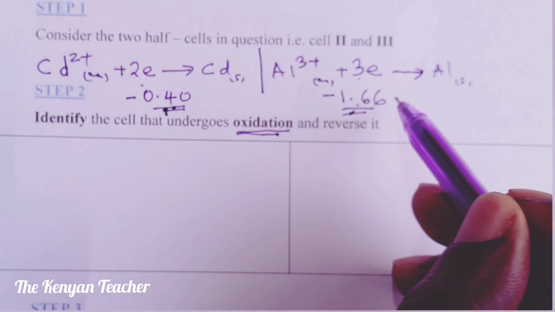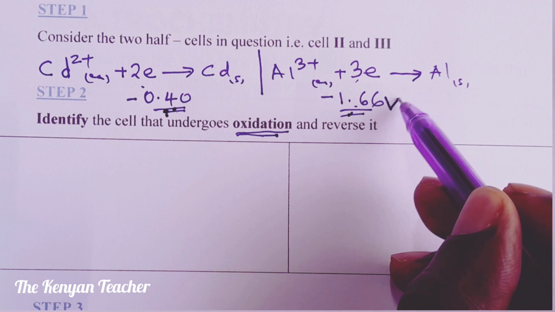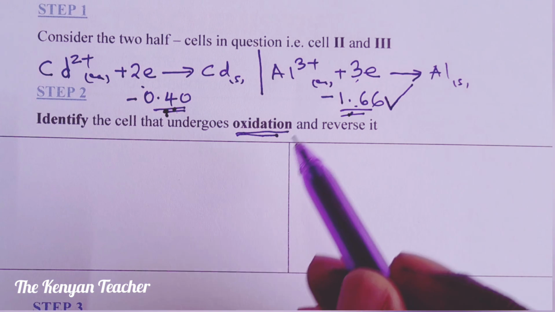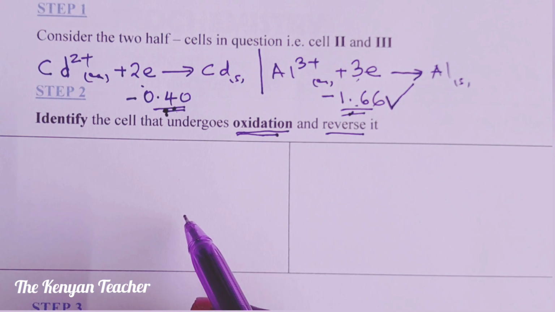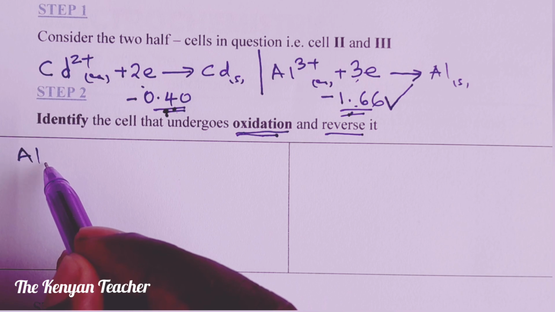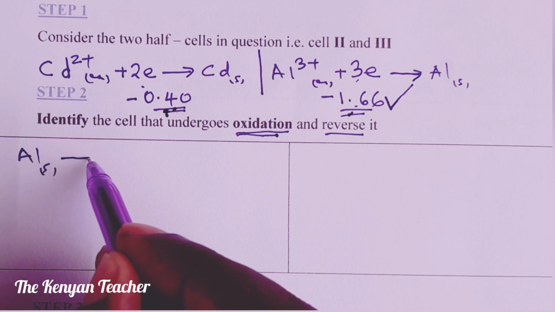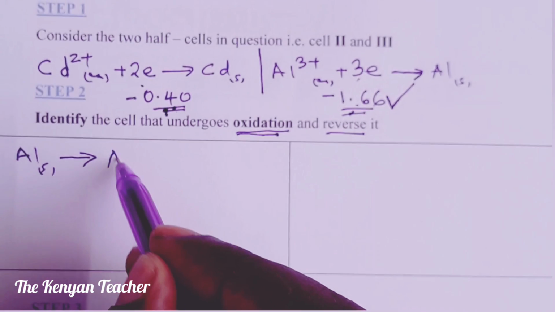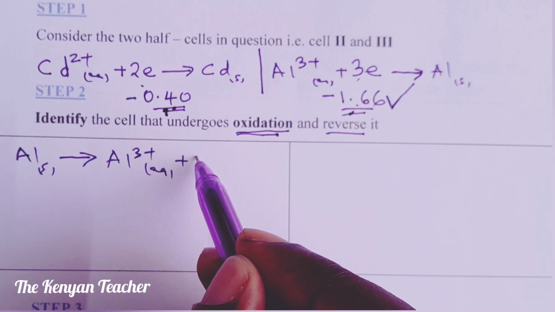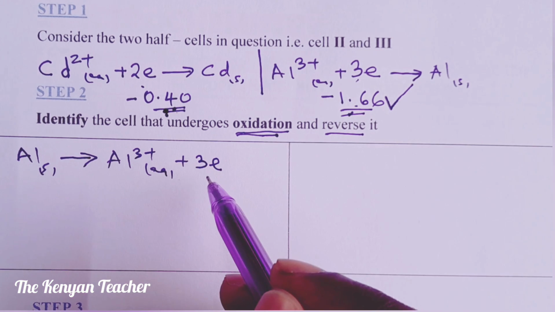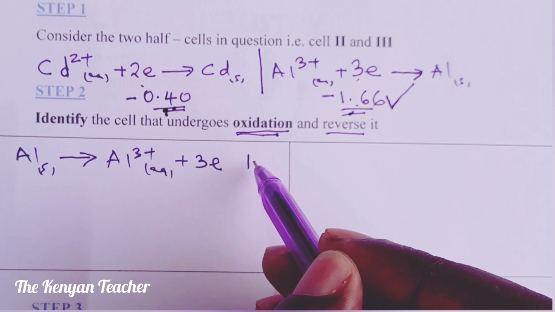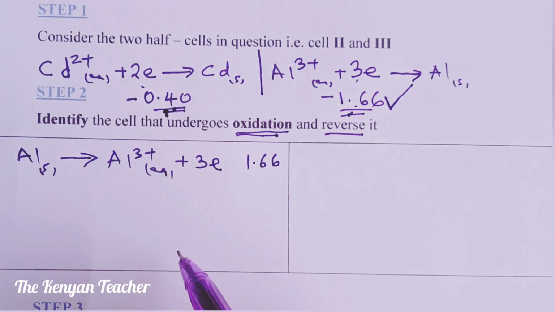So that means that our half cell that has undergone oxidation is aluminium. So we are going to reverse it as follows. We start from the right hand side that has aluminium solid, and then we move to the left, giving aluminium ions and 3 moles of electrons. Remember, as you reverse this, even the E0 value now will change to positive 1.66.